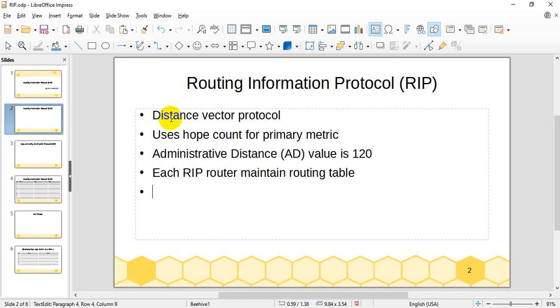The next point is that each router broadcasts every 30 seconds to its nearest router and gives an update.